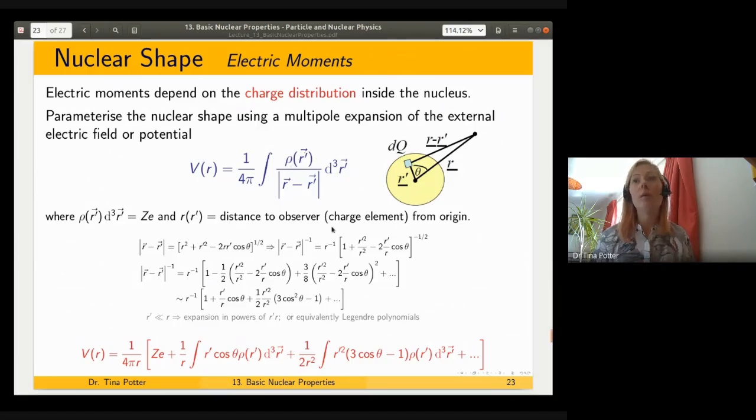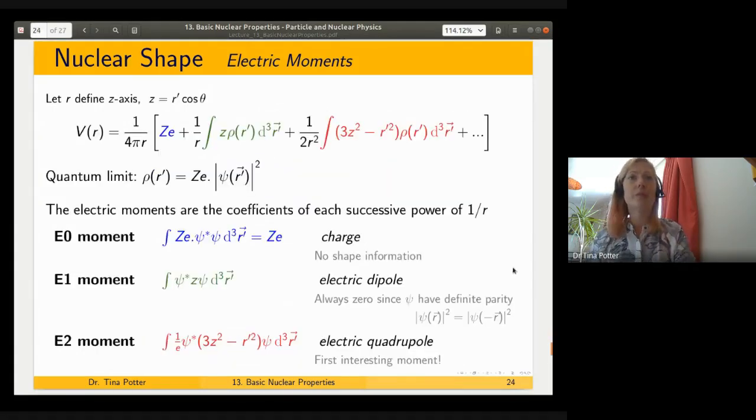You can do a multipole expansion of this. The details are in the small print here. And you will end up with a potential with different terms in R, depending on the total charge and this small deviation in R, which is R dashed.